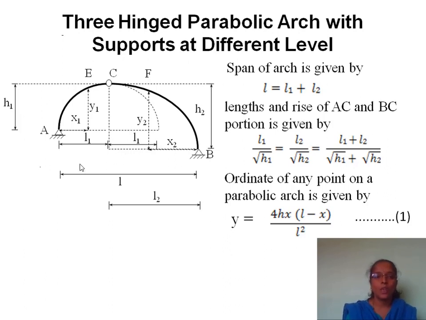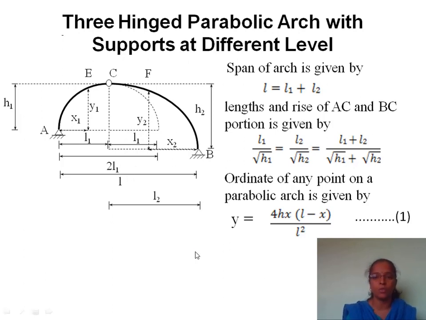Then the total distance will be 2L1, and the rise for this AC portion is H1. We have to substitute these corresponding values, where H is equal to H1 in this case and L is the span. For this AC member the span is 2L1, because L1 plus L1 is 2L1.